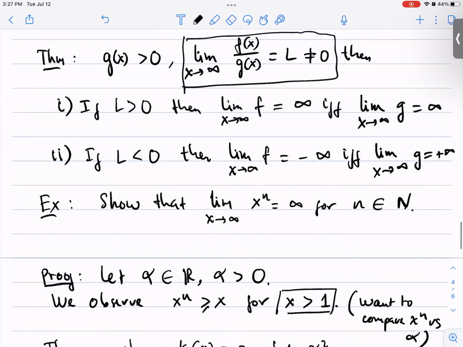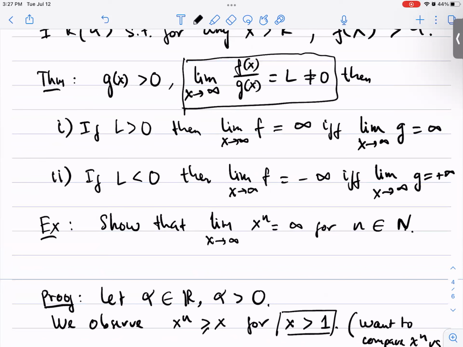So in this situation, two functions are proportional to each other, but this ratio has a sign, it might be positive or negative. That's why when it is positive, both functions approach plus infinity together. If the sign is negative, then one function approaches plus infinity while the other approaches minus infinity.